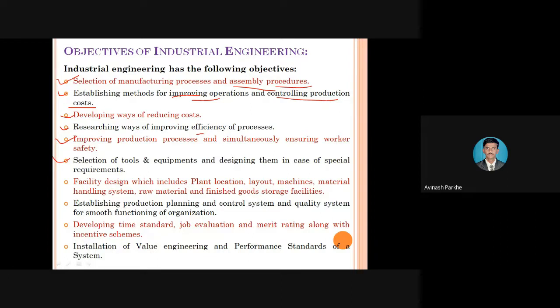And sometimes, as per special cases, it is not possible to use standard machines. For example, if we have a standard drilling machine, but that drilling machine is not feasible to perform the required operations, then as per the requirement of that product, sometimes we have to design special equipment or special tools.